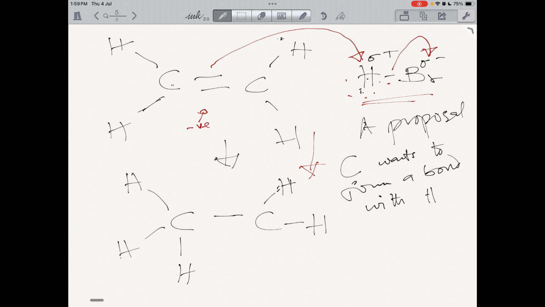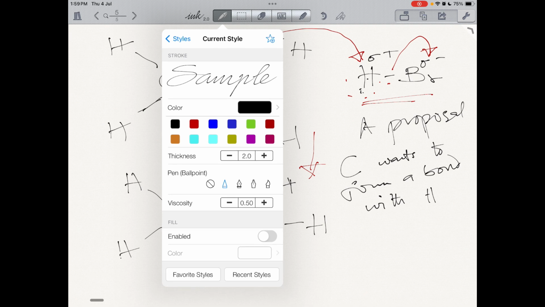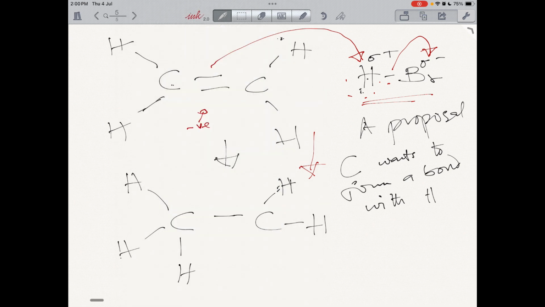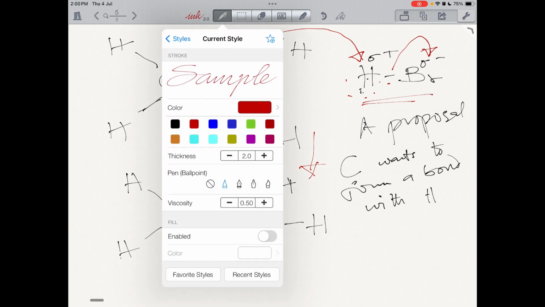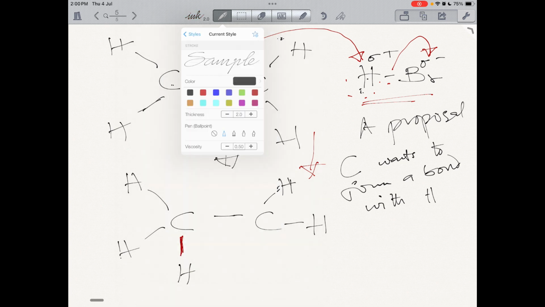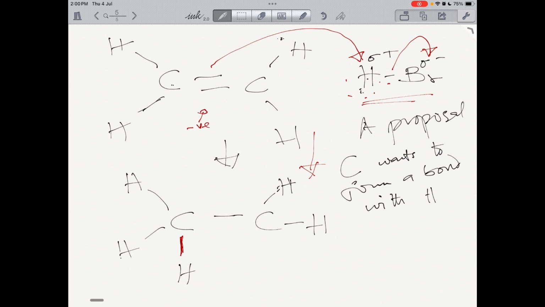The bond formed with the hydrogen that was attacked must be depicted in red, so that you remember it was the red arrow that formed this bond.